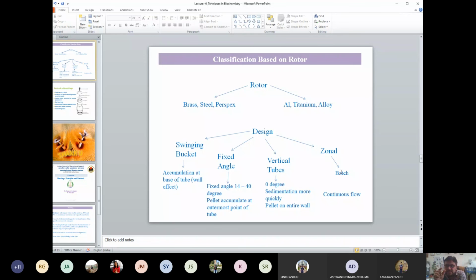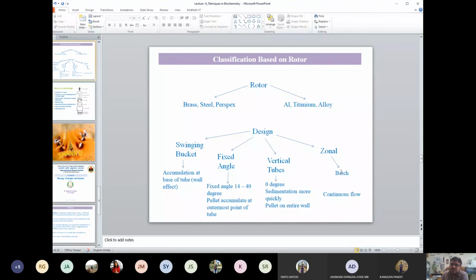Maybe because of the length, or because the side wall is very near to the center of gravity. Once you start centrifuging, all your particles will sediment on the wall of the centrifuge tube, so the entire wall will have particles sedimented on the surface. This is an important point: sedimentation is quickest in the case of a vertical tube.